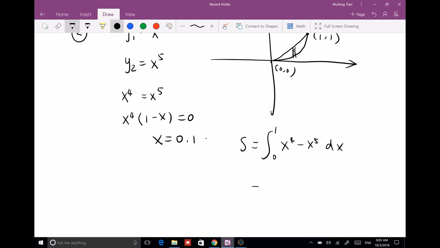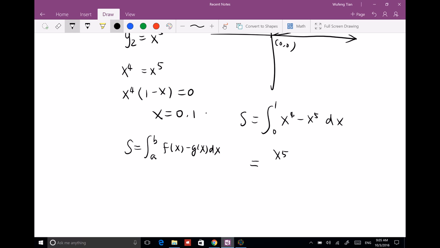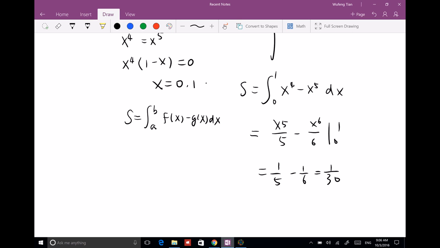Because the area formula is the integral from a to b of f(x) minus g(x) dx, your final answer is going to be x to the power 5 over 5 minus x to the power 6 over 6 from 0 to 1, which is 1 over 5 minus 1 over 6, and that is 1 over 30. Good, everyone? Most of you did well on this one too.